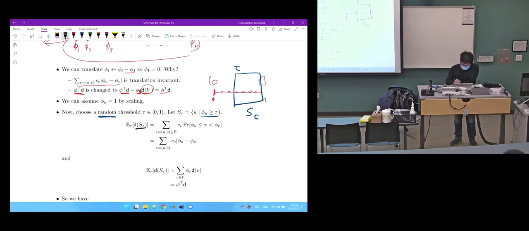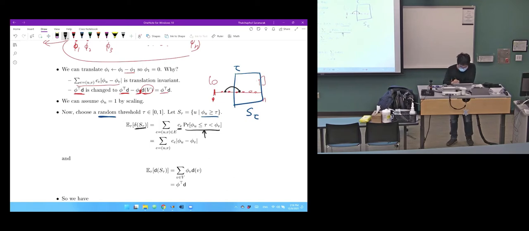It's just summing over all edges, its capacity times the probability that that edge is cut.